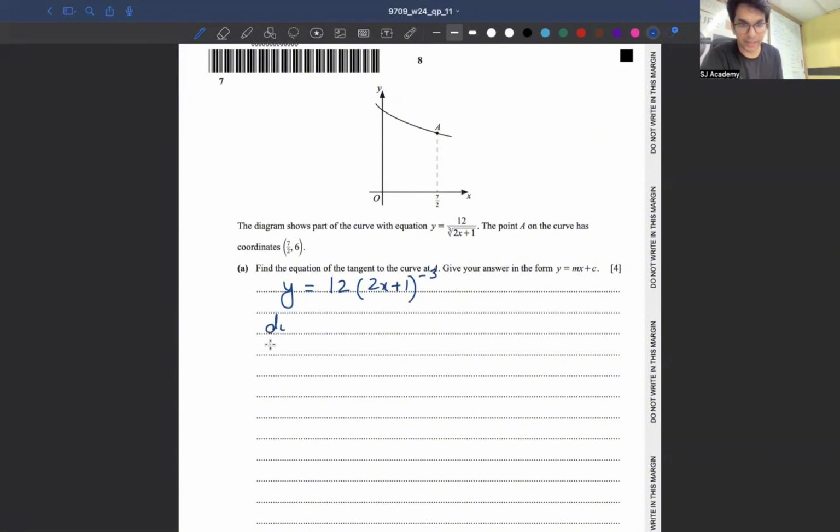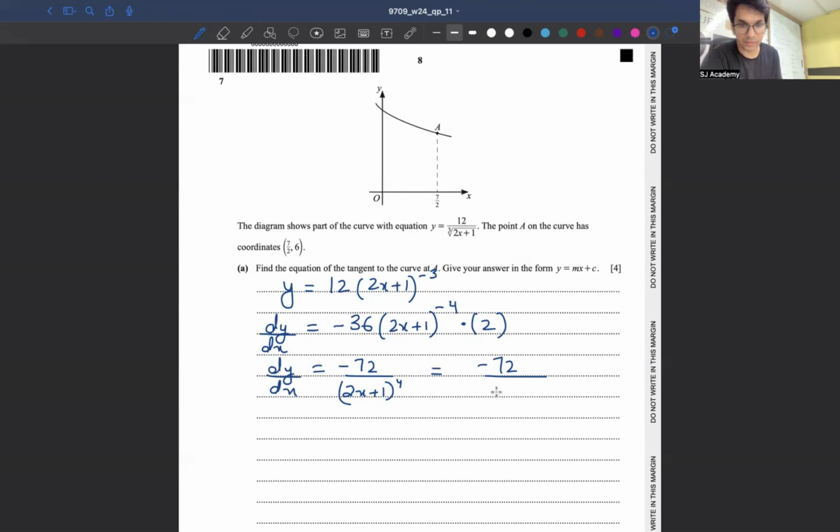Differentiating, we'll get dy by dx is equal to minus 3 times 12 is minus 36 into 2x plus 1. We'll decrease the power by 1, so that will become minus 4. And the derivative of 2x plus 1 is 2. So that will become minus 72 upon 2x plus 1 to the power of 4. Now the value of x is given as 7 by 2. So we can write it as minus 72, 2 into 7 by 2 will become 7, 7 plus 1 is 8.